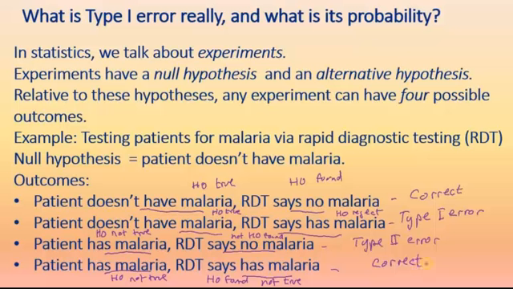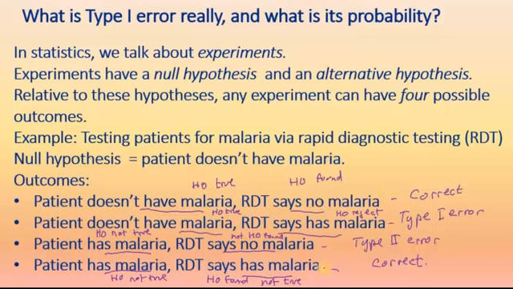Right, so take a moment to take in this slide. We've talked about experiment, hypothesis, null hypothesis, alternative hypothesis, and these 4 alternatives. 2 alternatives are correct. If the test functions correctly, then it can find that H0 is true and correctly identify that.